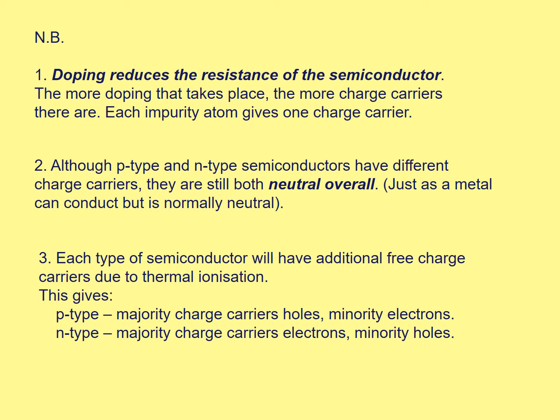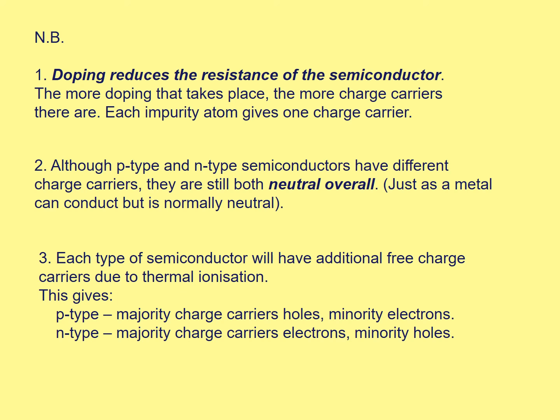That conduction will take place because electrons are given energy to break their bonds and leave a hole behind, and then another electron fills that hole and leaves a hole behind it, and so on and so forth. That always takes place. However, if we introduce an impurity, in the case of a p-type, an additional hole, then the majority of the charge carriers are holes and a minority are electrons. The additional holes allow for greater conductivity, greater movement of the electrons.